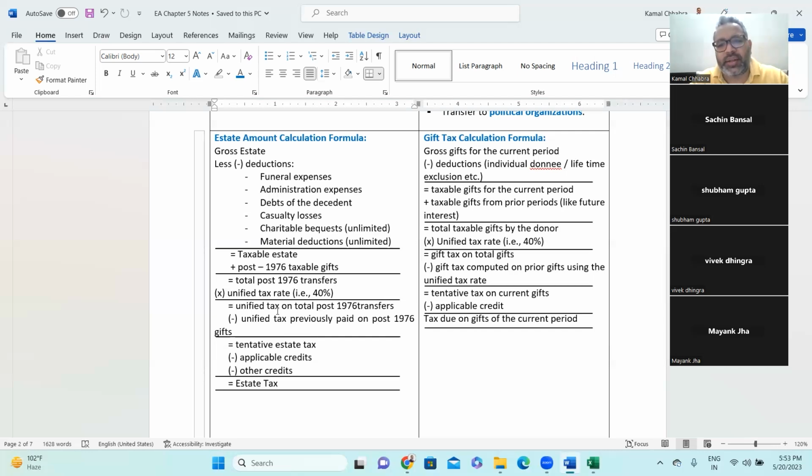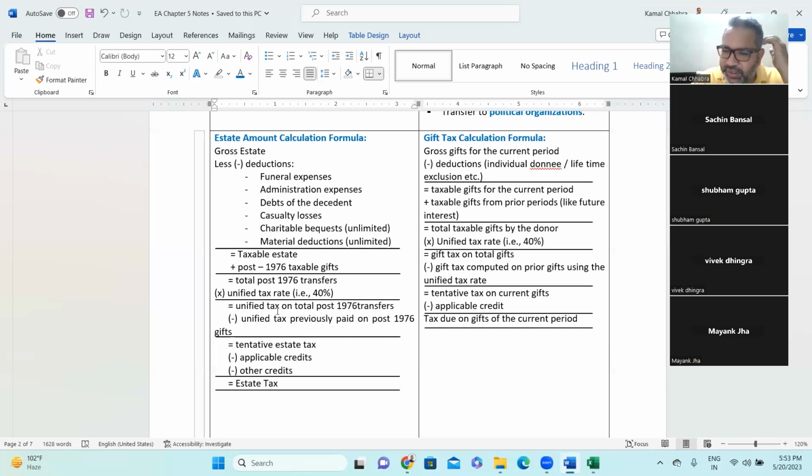Then you add the taxable gift from a prior period, like future interest. In the previous year you gave the gift, but it has value in the current year, so you add that. Then it gives you the total taxable gift by the donor.